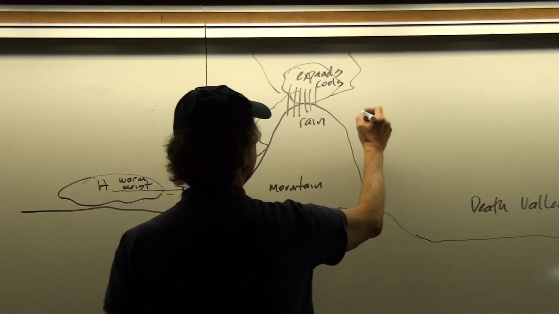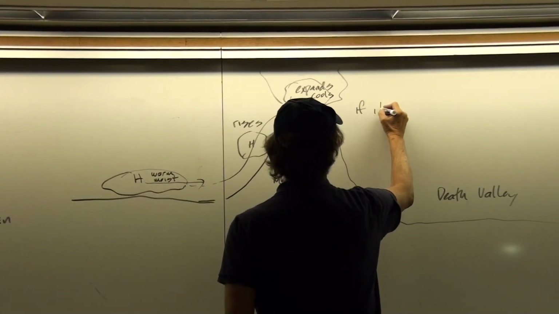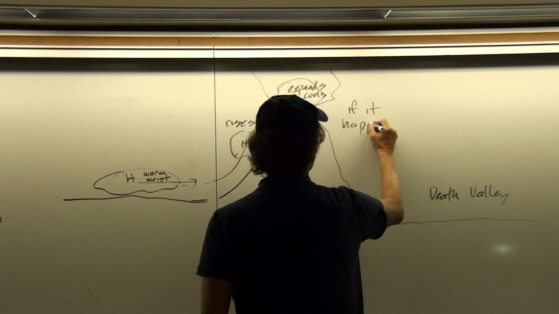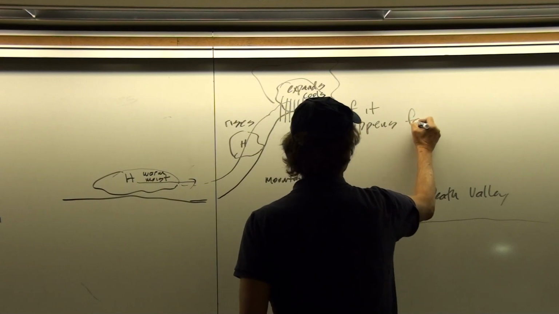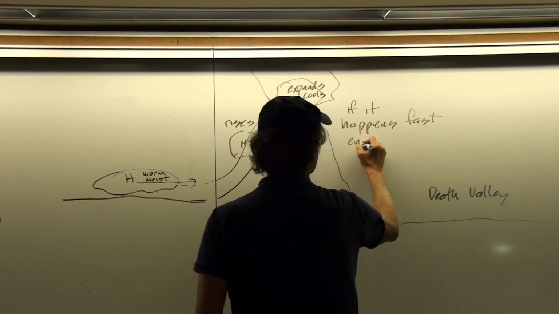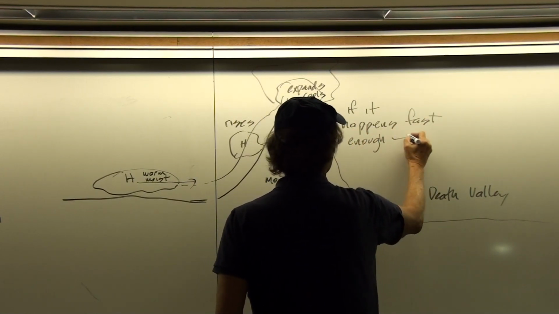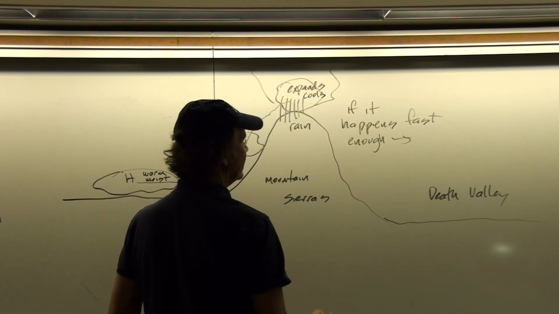And so if this happens fast enough, then you dump all the rain before you get to Death Valley.